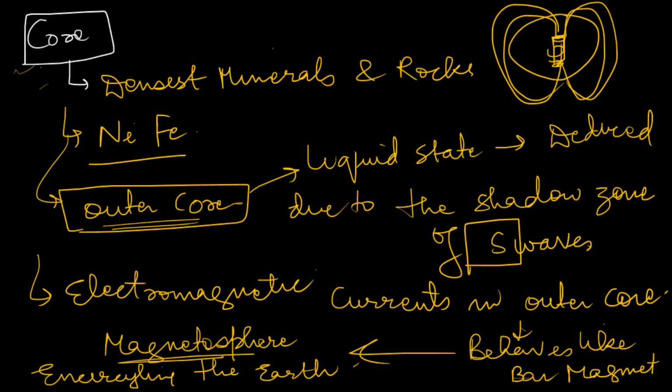Now, as we have discussed the discontinuities, write down two or three points about them. It will be important. We have discussed the Lehmann and Gutenberg discontinuities, and other discontinuities here.